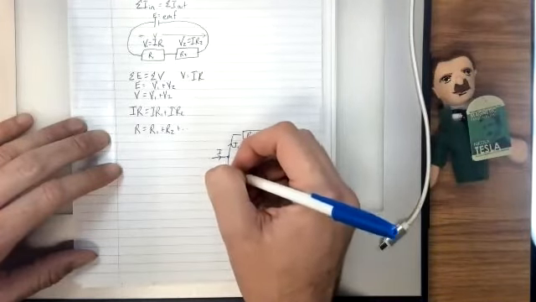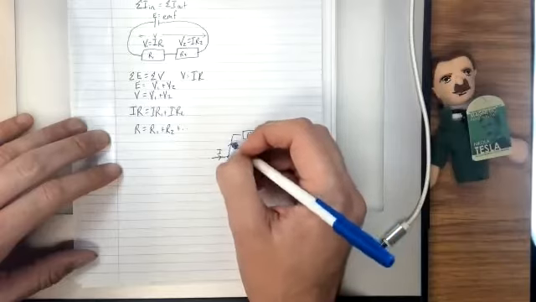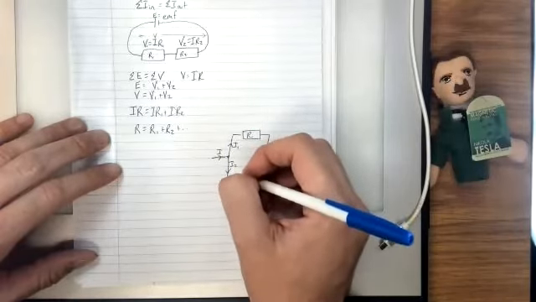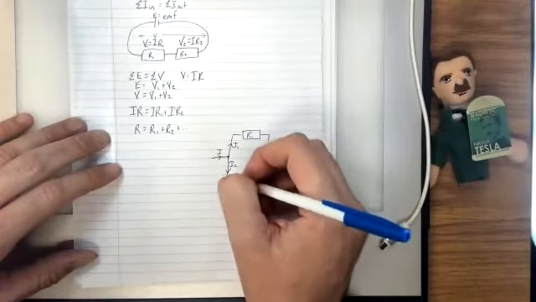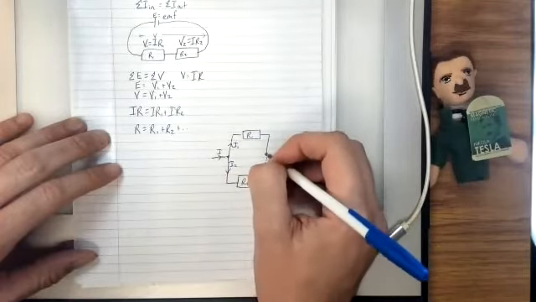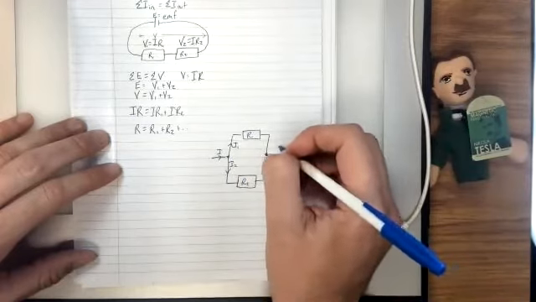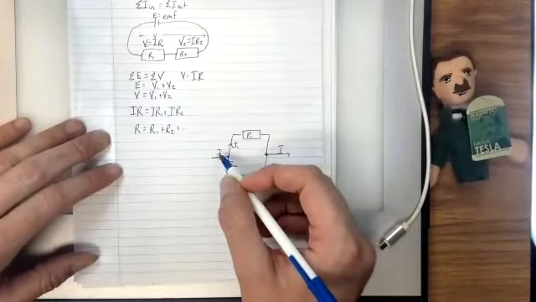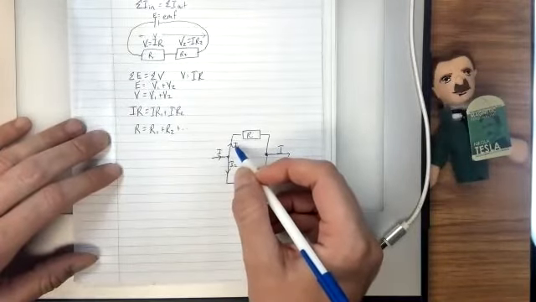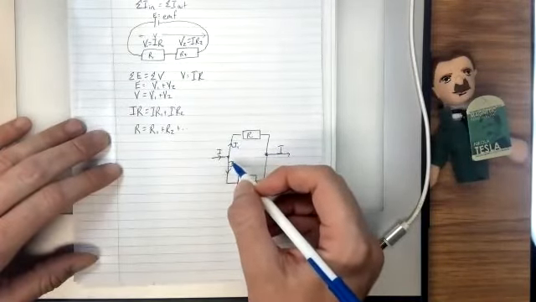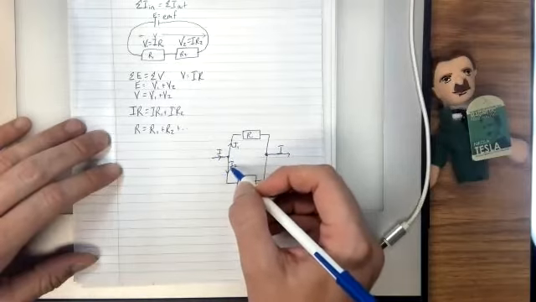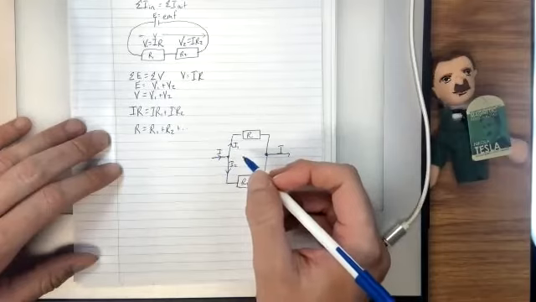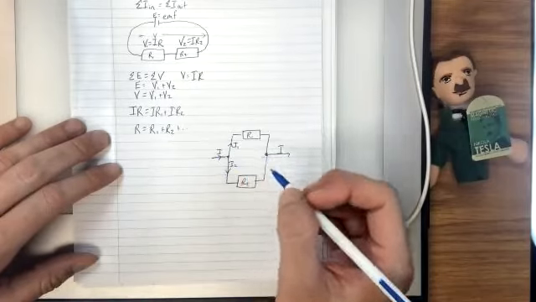The current goes this way, I2, and note that that direction opposes the direction of this current, passing through another resistor R2, to meet back up over here where the current once again is I. And so we still have Kirchhoff's first law, I equals I1 plus I2, except we have to add negative I2 because the direction of this current is opposing this one here, okay?